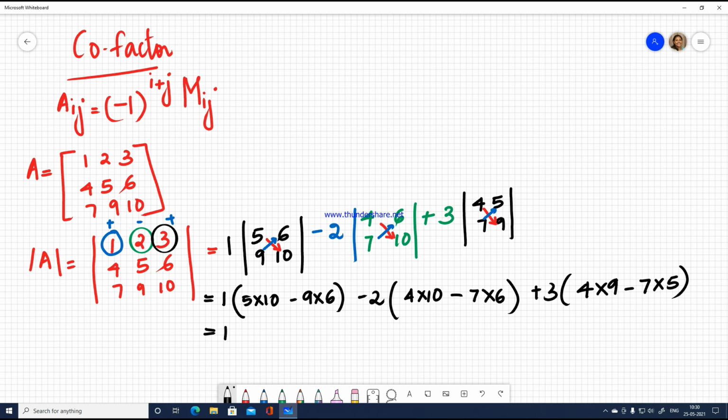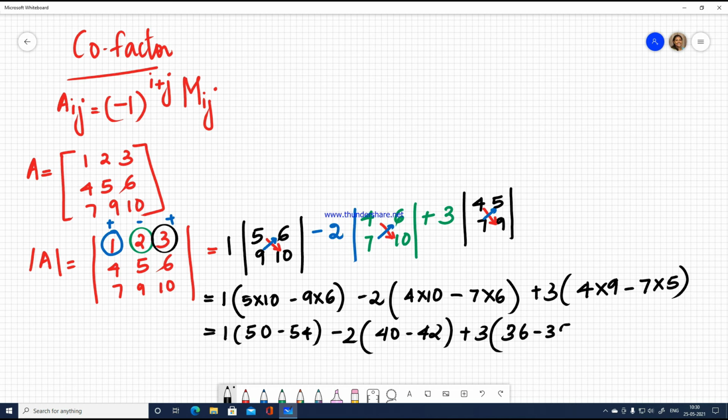That is 1 into (50 minus 54), minus 2 into (40 minus 42), plus 3 into (36 minus 35). So we get 1 into minus 4, minus 2 into minus 2, plus 3 into 1.